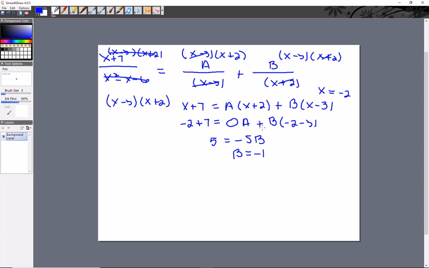So at this point, maybe we could eliminate the B part of the expression and solve for A. Strategically, let's let x equal 3, because that'll force that to go to 0. So plugging in for x, we'll have 3 plus 7 equals A times the quantity 3 plus 2.